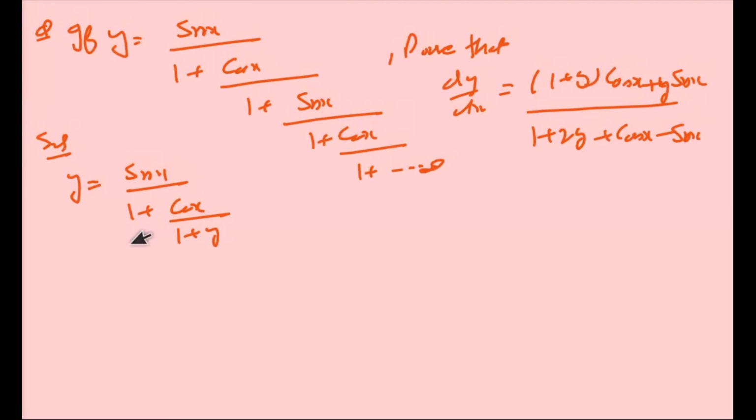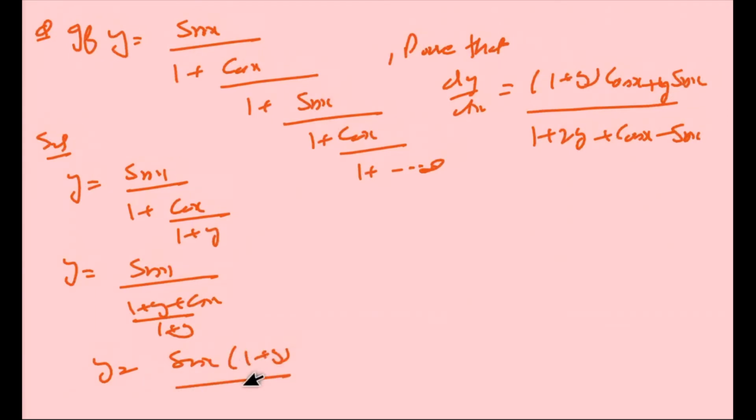Okay, are you understanding? Now we can take the LCM here. Y equal to sin x upon 1 plus y, 1 plus y plus cos x, and we can write here sin x into 1 plus y upon 1 plus y plus cos x.